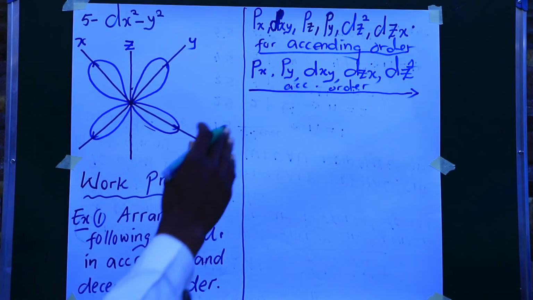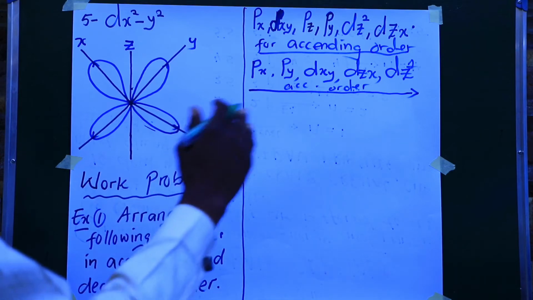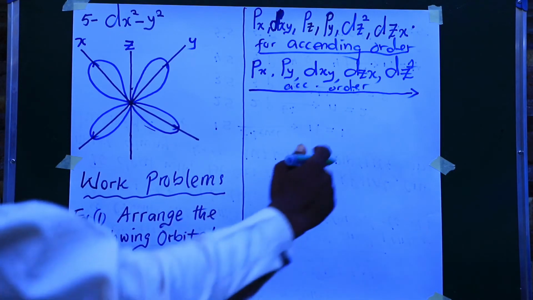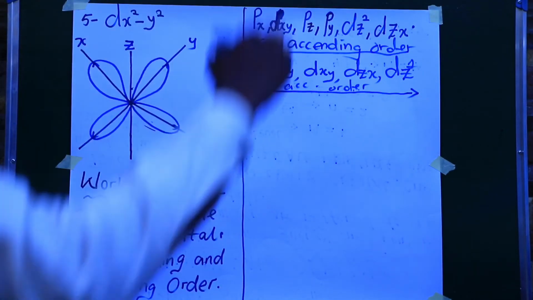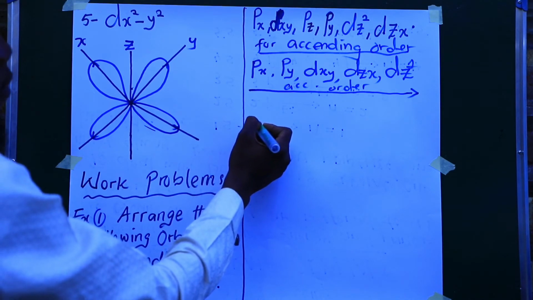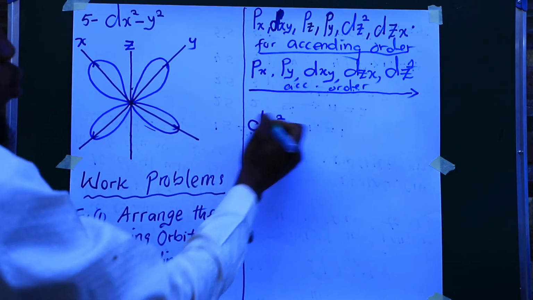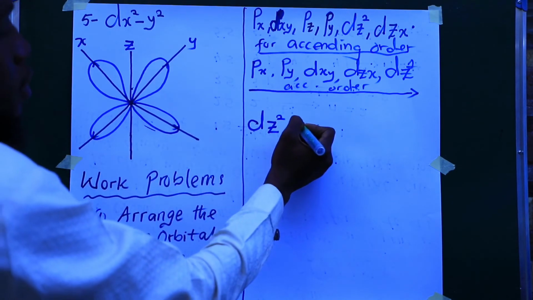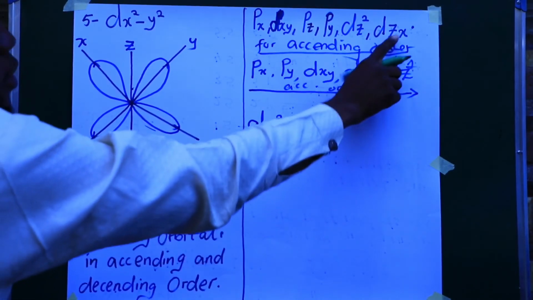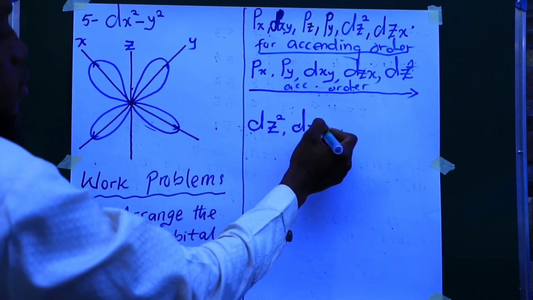So now let's try to solve it in descending order. When we say descending order, we mean from the higher orbital to the lowest orbital. The highest orbital here is dz square. Then we have dzx.